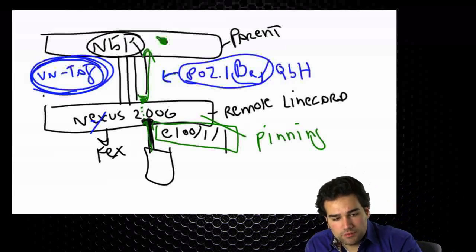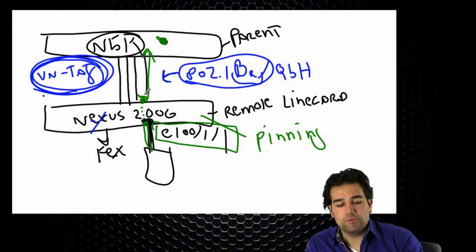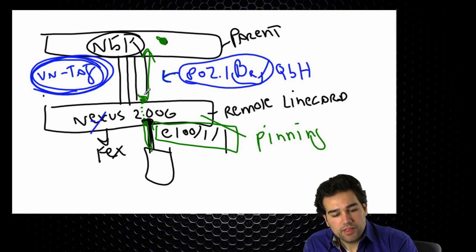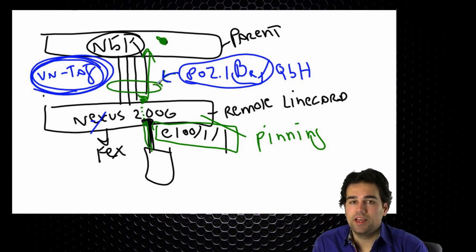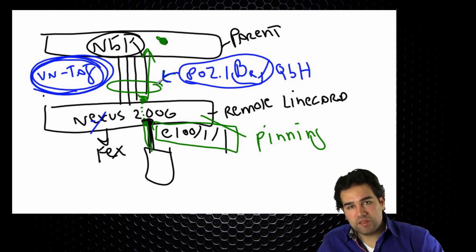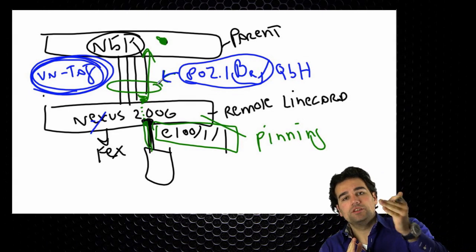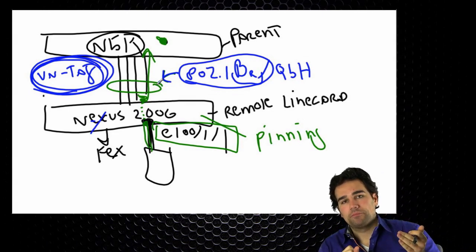And the uplink pinning works exactly the same as we're used to. So I select one uplink port to be my main uplink port for that specific port. And I can even port channel these together. And now the pinning is not per uplink port, but I just pin that client port to the port channel, and the port channel does its load balancing magic.